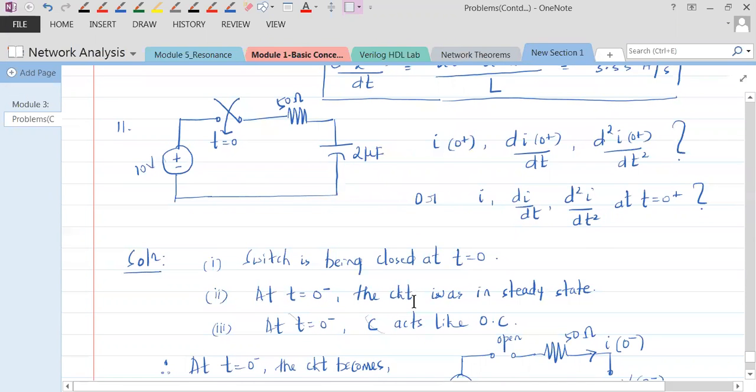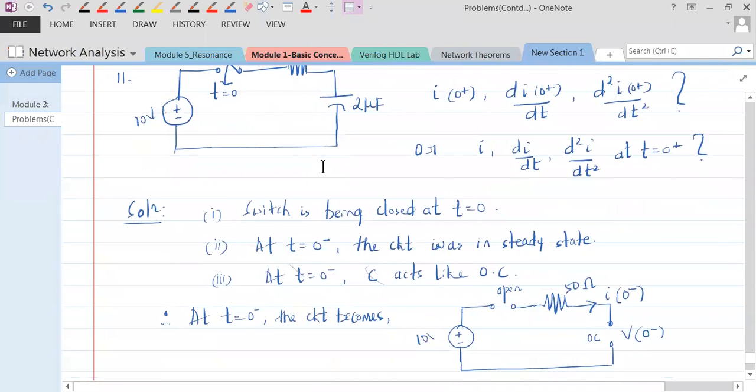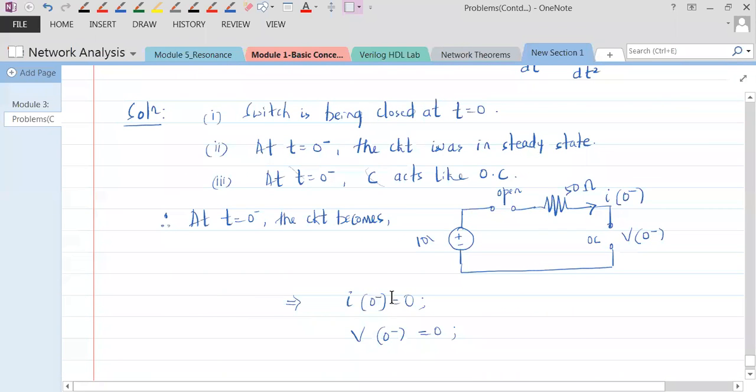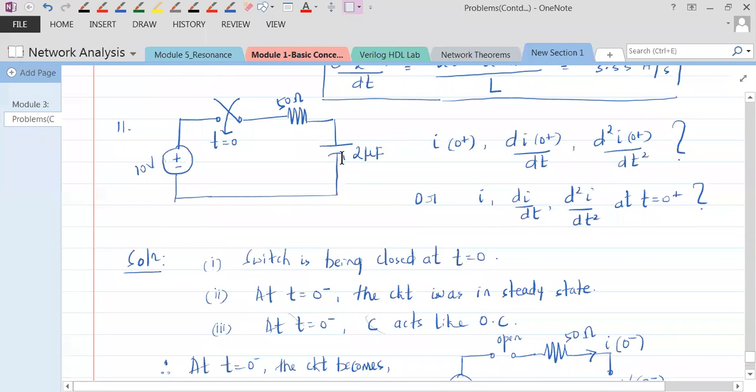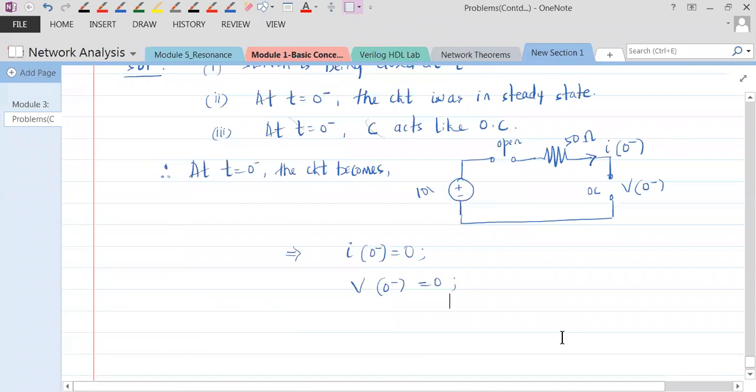Let me tell you, it is not equal. Why? Because there is no inductor at all in this particular circuit. There is only the capacitor. Since this is not the current through the inductor, I of 0 minus is not equal to I of 0 plus. But what about this voltage? This voltage is the drop across the capacitor. Since that voltage is the drop across the capacitor, V of 0 minus would be equal to V of 0 plus.